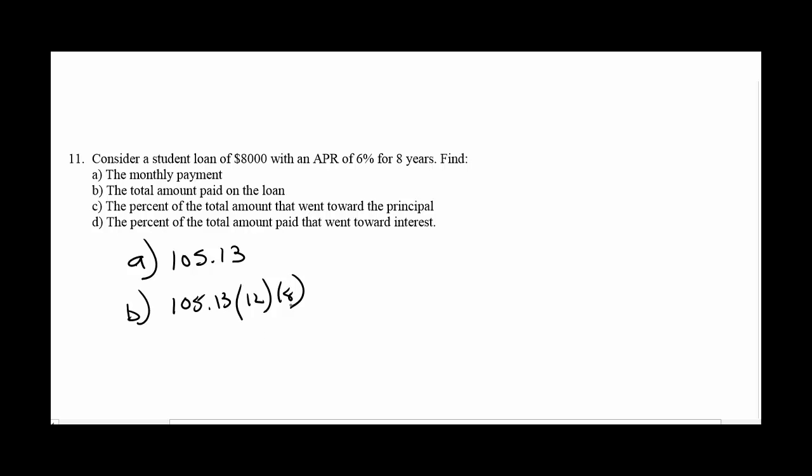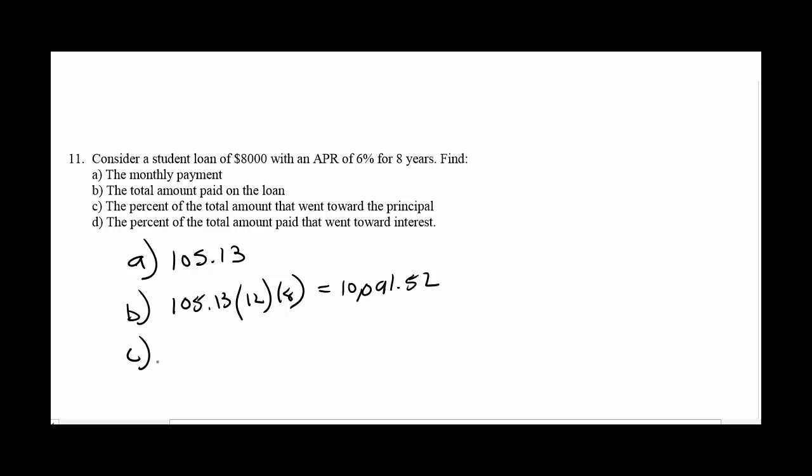So then I would be able to figure out how much I physically paid for the entire life of the loan. And so that tells me that I paid $10,091.52.